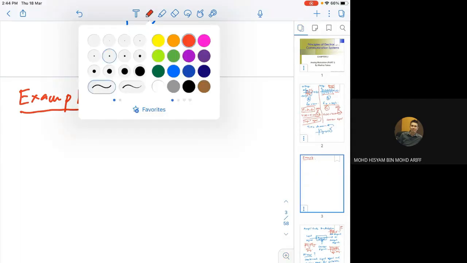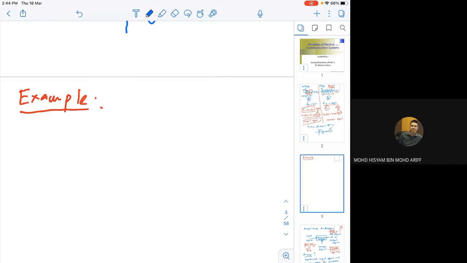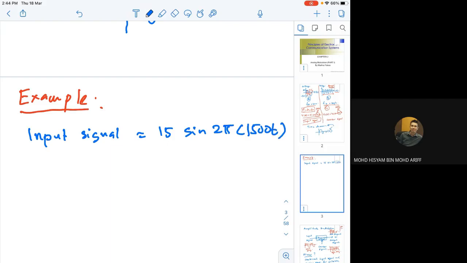Okay, now let's say the input signal equals 15 sine 2 pi 1500 t. Okay, input signal.